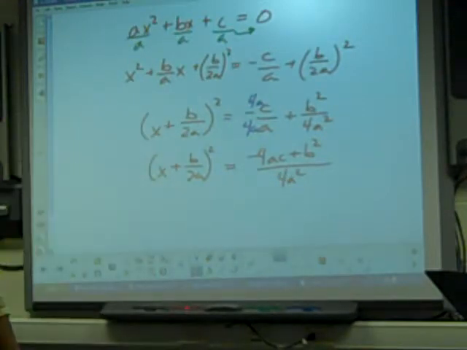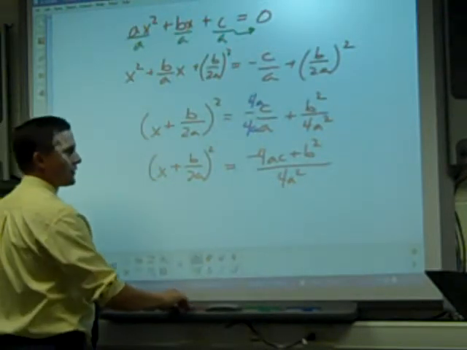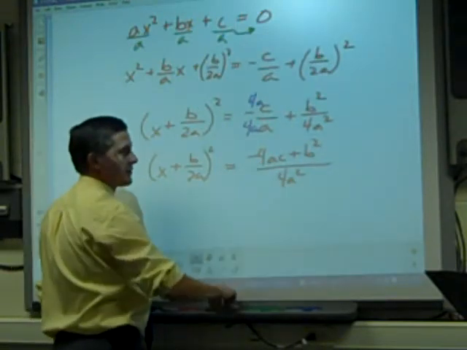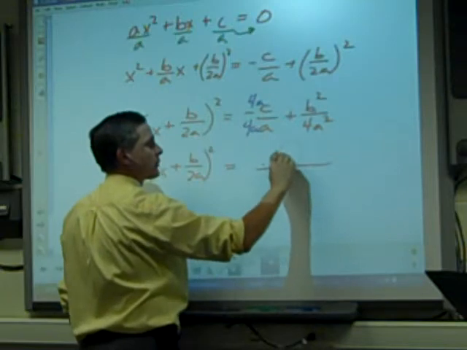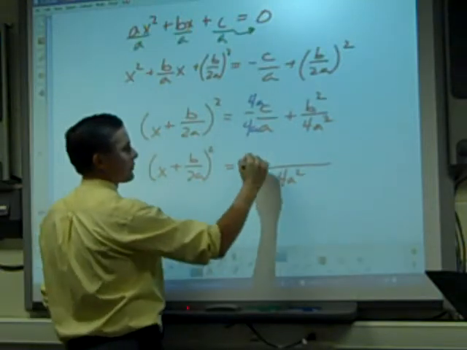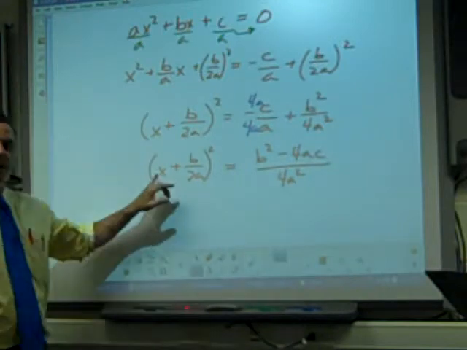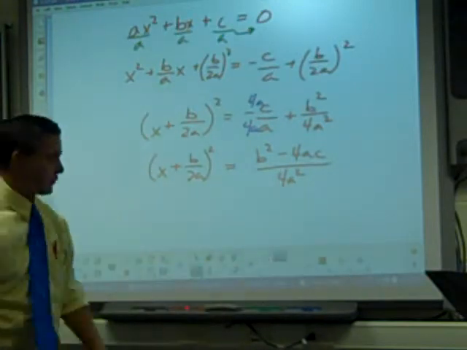But just for simplicity of writing, we're going to put the b squared first. We can write it as a subtraction problem: b squared minus 4ac. Now we have one term on the left, one term on the right.